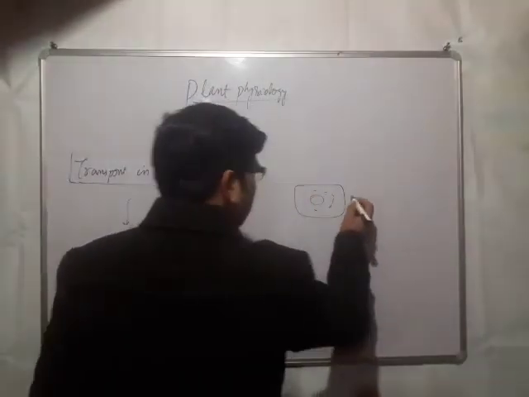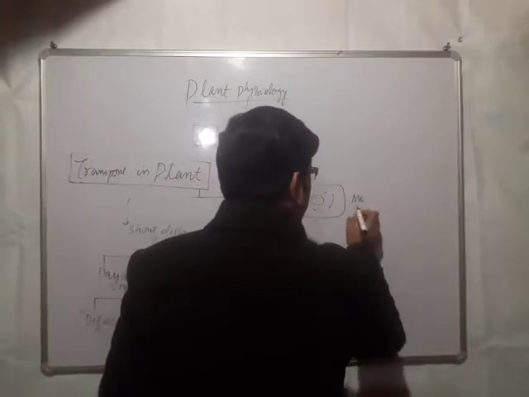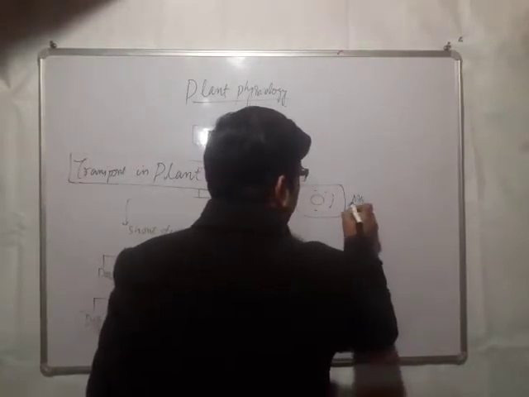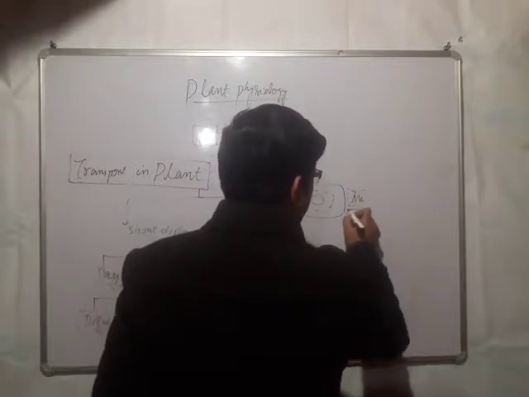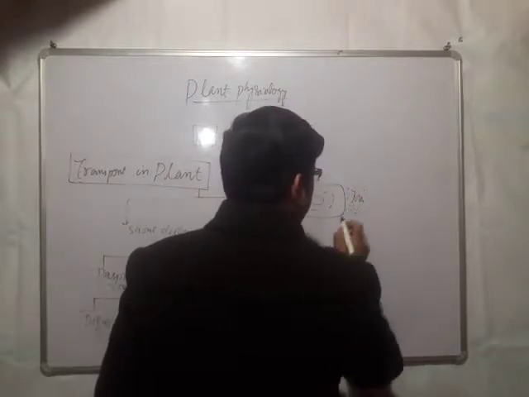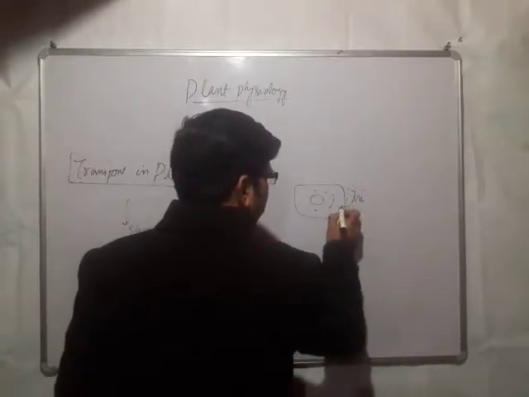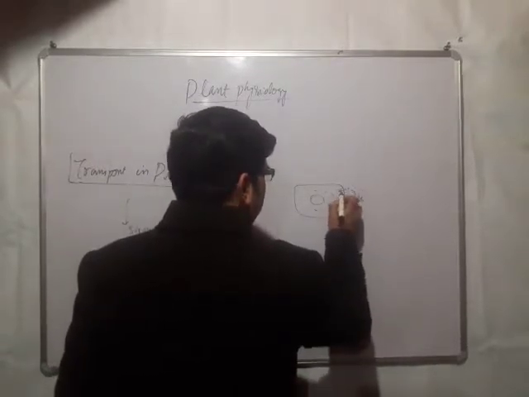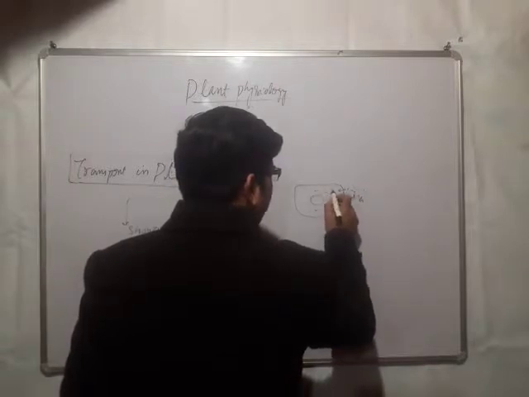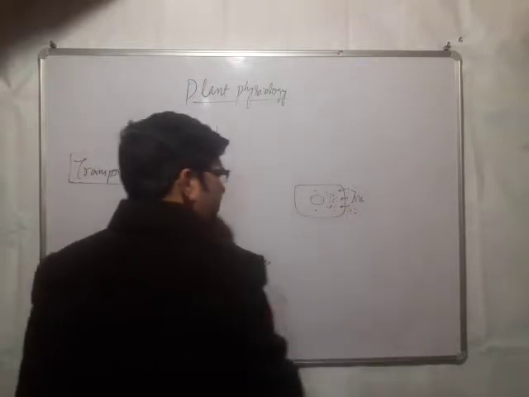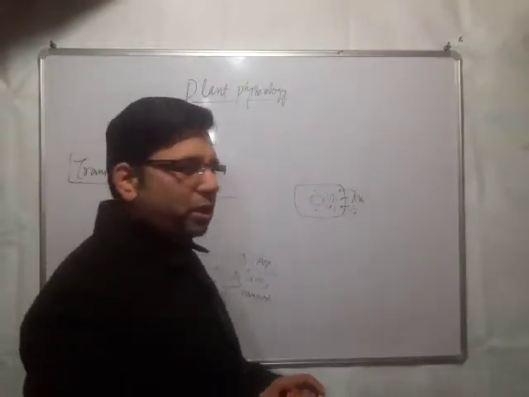Suppose there is one molecule, for example sodium or some other ion. Now the concentration is very high here. It is 100 suppose parts per area, and inside the cell it is zero. The sodium starts entering inside the cell till equilibrium reaches. That means the point where both inside and outside of the cell have equal concentration of sodium is the equilibrium point.